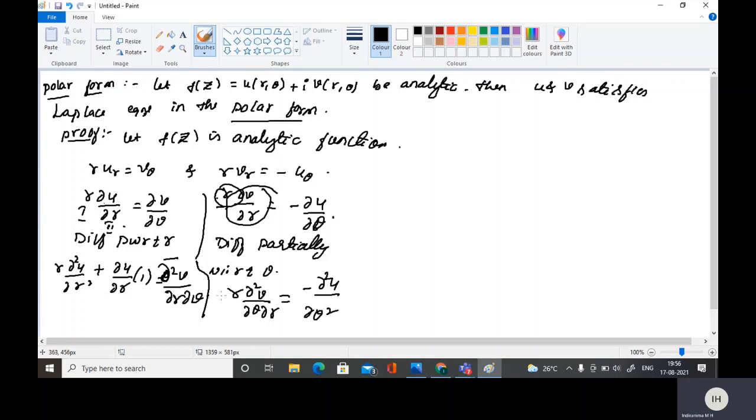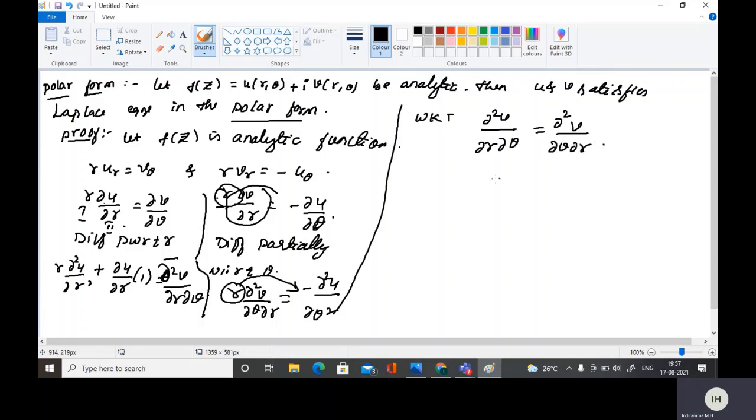By comparing these two, you can cross multiply R to the RHS. So we know that ∂²V/∂R∂θ is equal to ∂²V/∂θ∂R.